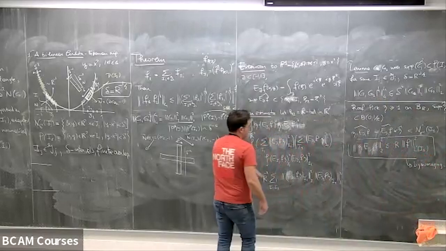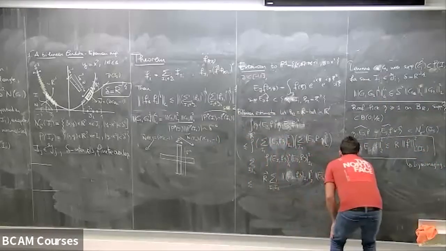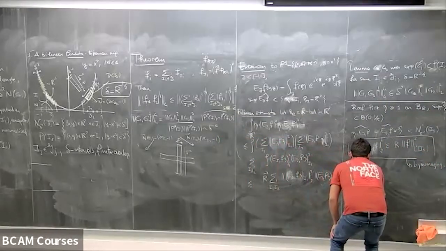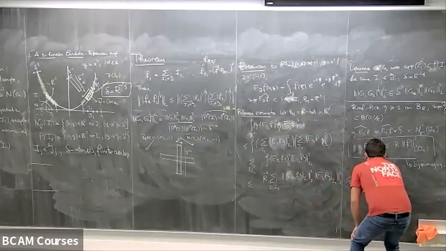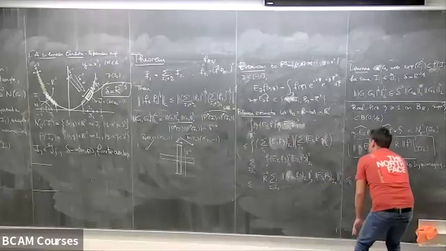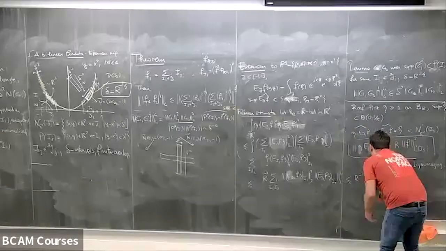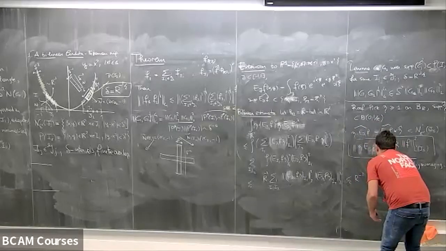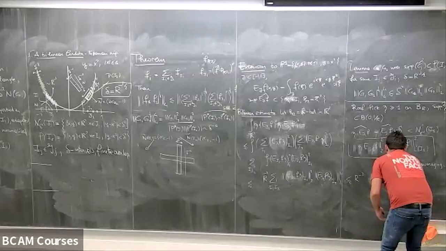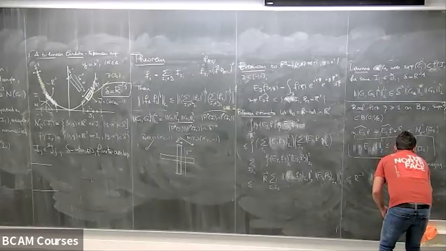And I turn this into R minus 2 sum, R minus 2, then I have eta E J1 F squared eta E J2 F squared.